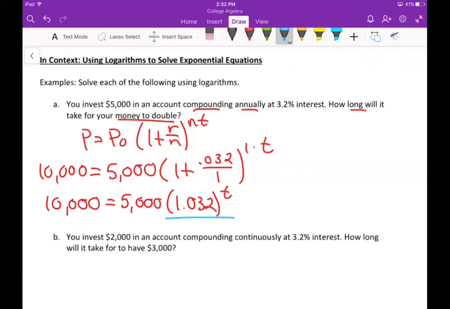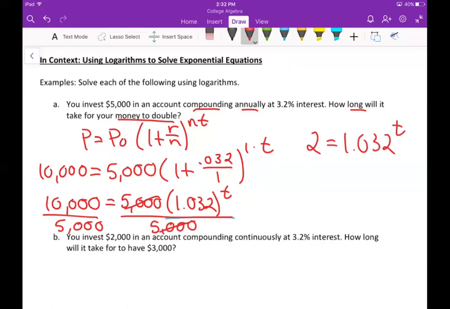We can now solve for that variable, but the first thing we've got to do is get that exponential term alone. The 5,000 is being multiplied by our exponential term, so we're going to divide by 5,000 on each side. When we divide that 5,000 off, 10,000 over 5,000 will simplify to that doubling of 2. That's what we want equal to 1.032 to the t.